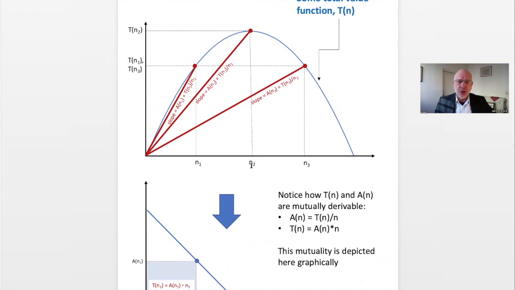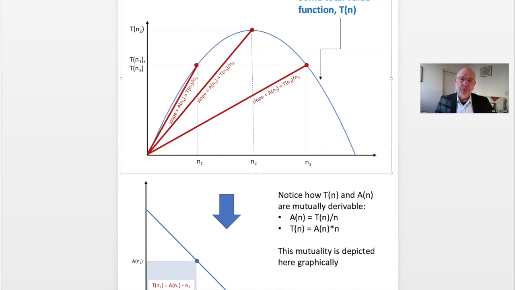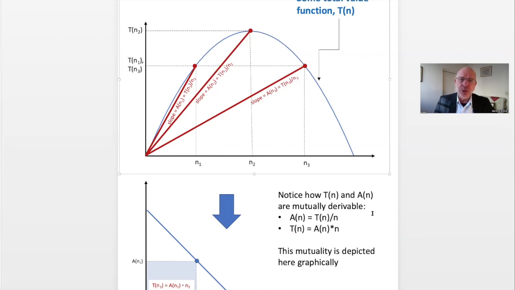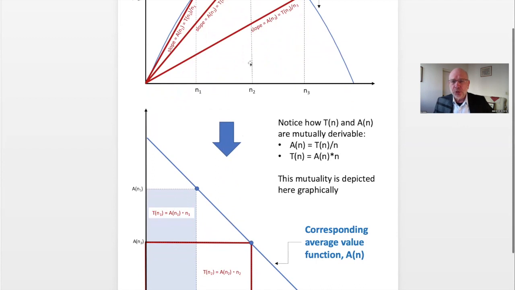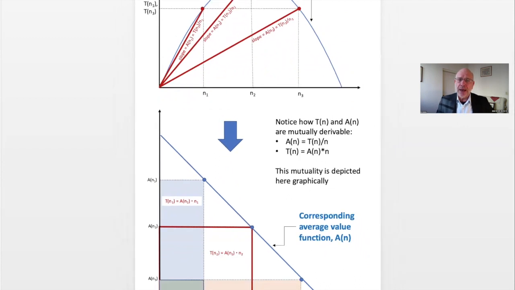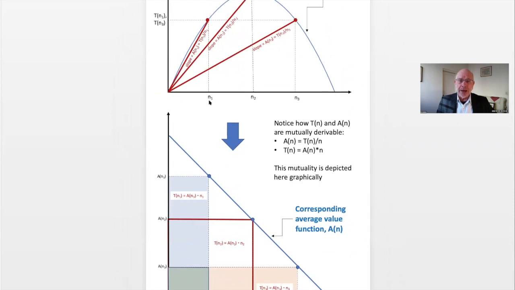If we move over to N2, although the total value is higher at N2, the average is lower than it was at N1, and we can see that because the slope of the chord going from the origin to the total value function at N2, that slope is lower than it was for the one at N1, and likewise for N3. And I think you can see that as we move to the right, starting from the origin, move along the horizontal axis, that average curve is going to be declining steadily.